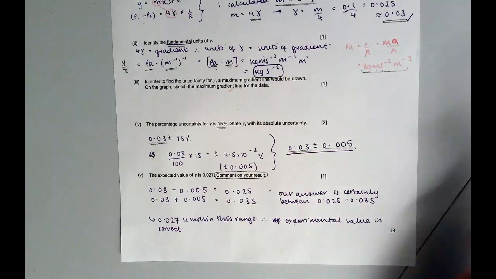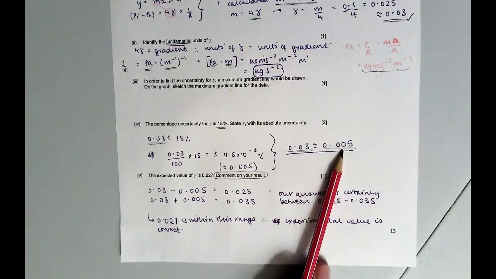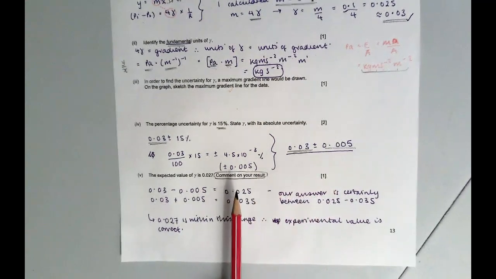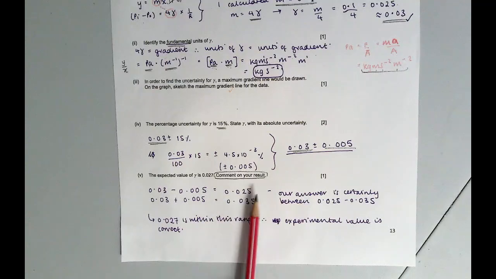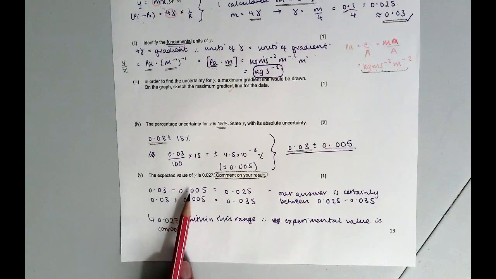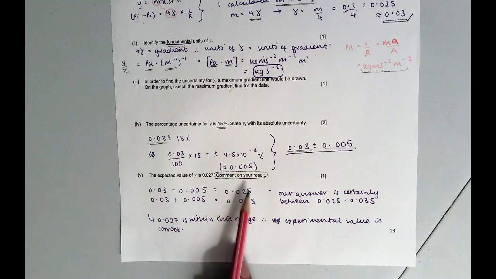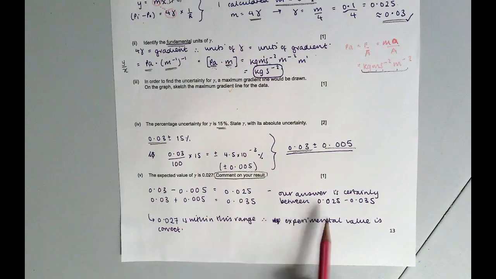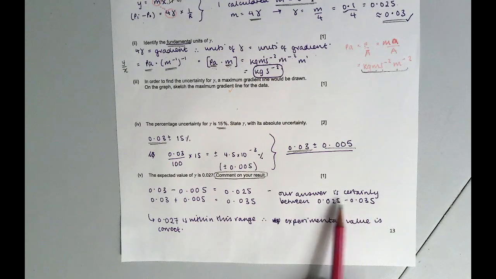So if this was our value and we now know our absolute uncertainty, we can say what our bottom value and our top value of the range is. Because we know that we're saying the value is 0.03, but it may be plus or minus this amount. So if we minus it, we've got this value, and if we plus, we've got this second value. So we know that our gamma, given the uncertainty that we've got, must lie somewhere between these two numbers.